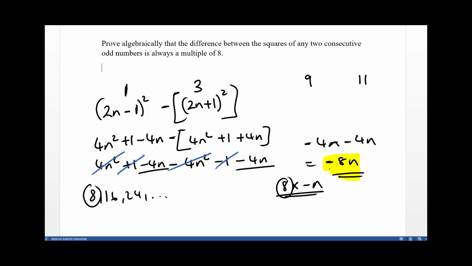Because what we've done, we've proven algebraically that the difference between the squares of two consecutive odd numbers, these are our consecutive odd numbers. This is 1, this is 3. This is how we write number 1, this is how we write number 3. And we've got the difference here, which we were subtracting to find that, is always a multiple of 8. And what we've got here, minus 8n, clearly 8 is a multiple of 8. So that's our final answer there.